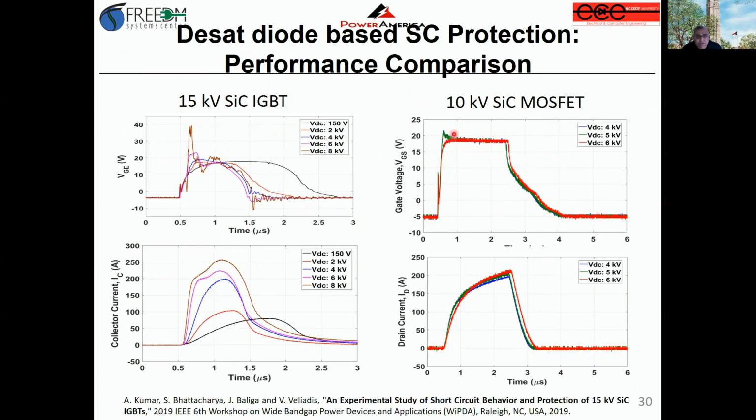That is good for the MOSFET because there's no degradation in the gate oxide. For the IGBT, we do see this. Again, for the short circuit of the MOSFET, as I've shown here, we are turning off these dies at 6 kV in 2.4 microseconds. For the IGBT, we go all the way up to 8 kV.